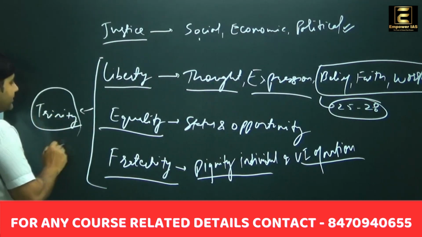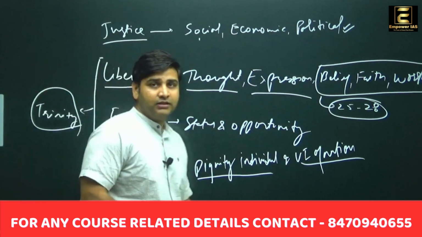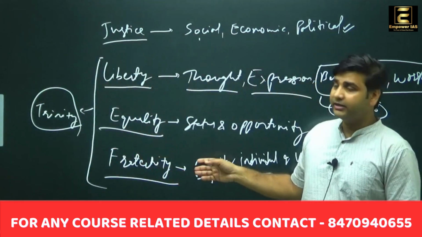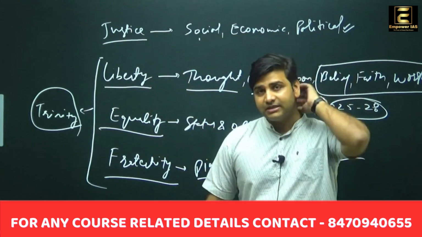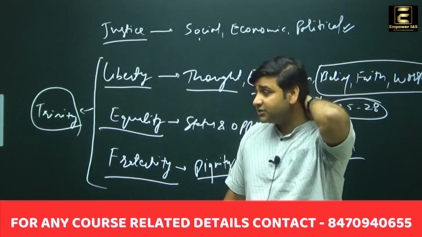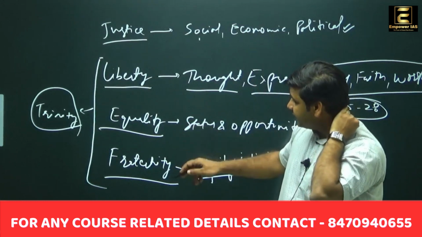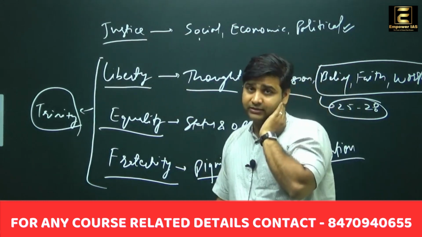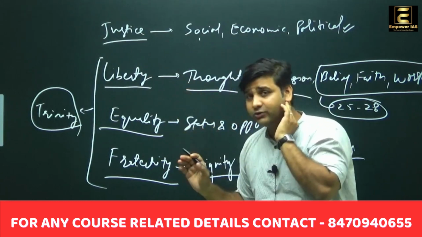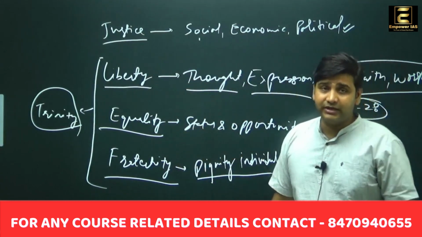And they cannot be separated. Liberty and equality cannot be separated from fraternity, and fraternity and equality cannot be separated from liberty. Think of a situation where you give equality and fraternity but snatch liberty. What will happen? If the people do not have liberty, the personal initiative will die.